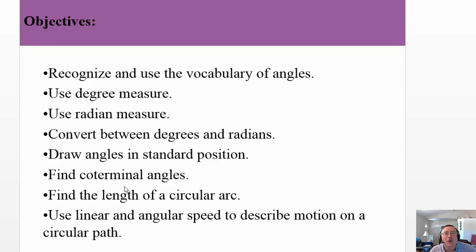We're going to define coterminal angles and see how those work as well, and probably draw some of those. Find the length of a circular arc, and we're going to do some physics here. Those of you in physics courses, we're going to use linear and angular speed and look at those formulas to describe motion on a circular path.